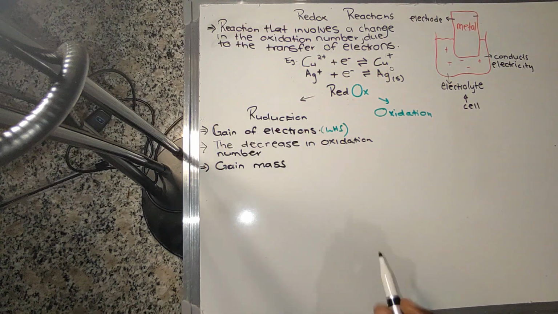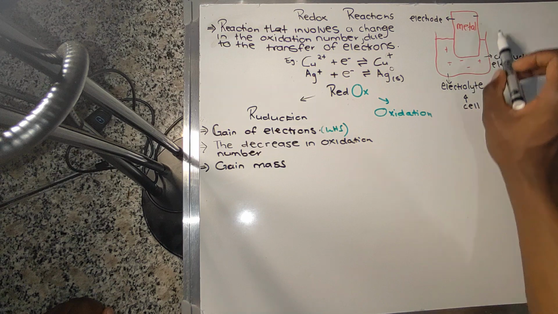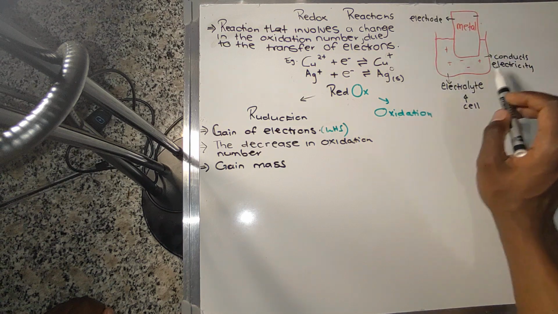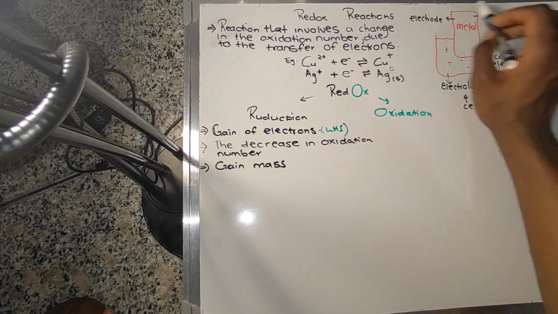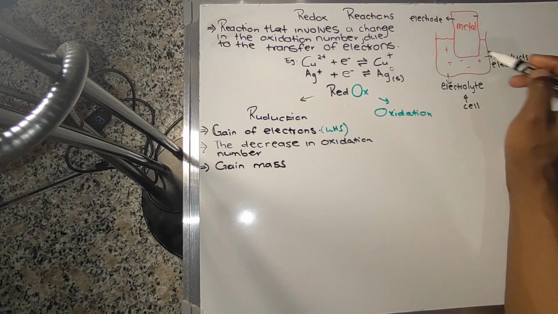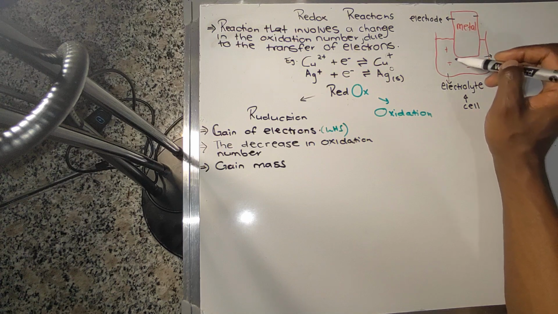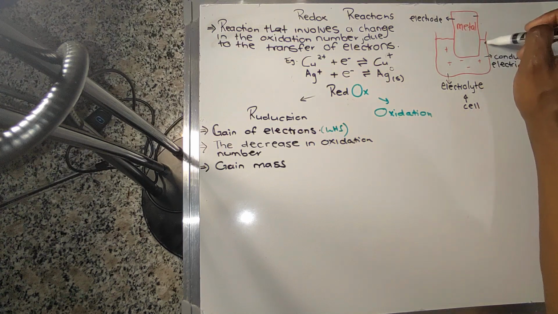Let us continue. Before I continue, I want us to look at this diagram. This is called a cell, but to be specific, this one is a half cell. So what are the components of a cell? A cell must have an electrolyte. An electrolyte is simply the solution with the ions.